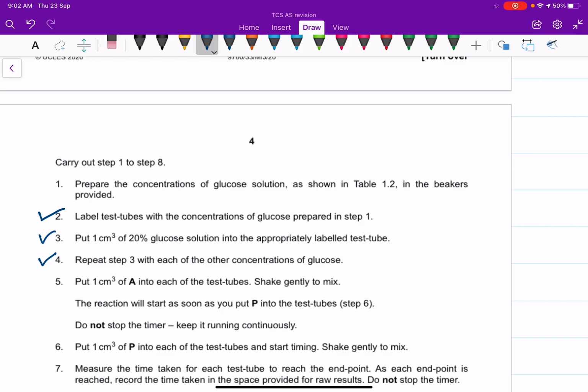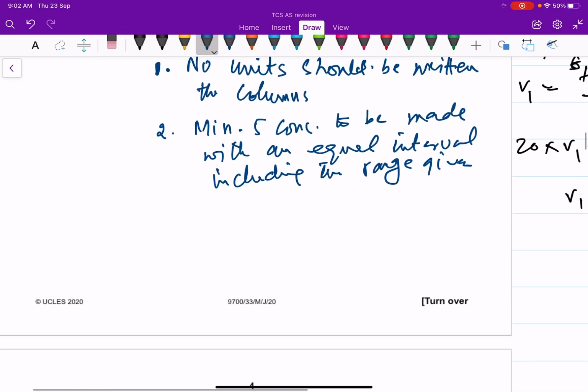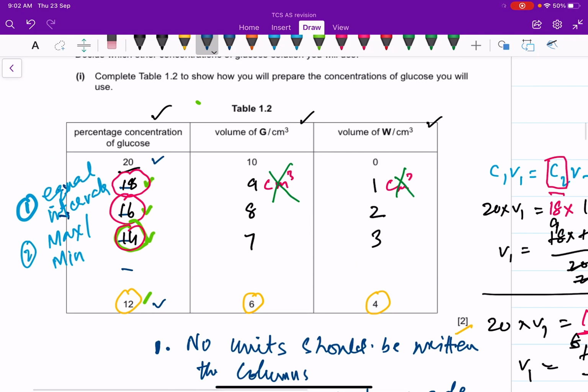So to prepare 18%, I'll take 9 cm cube of G into a beaker labeled 18%, and I'll put 1 cm cube of distilled water into it. Okay.